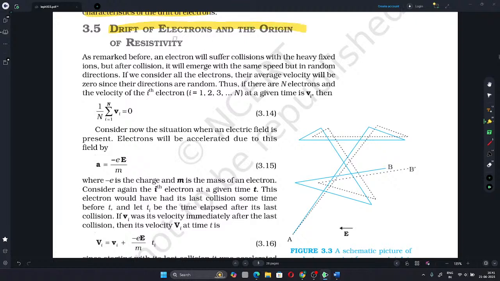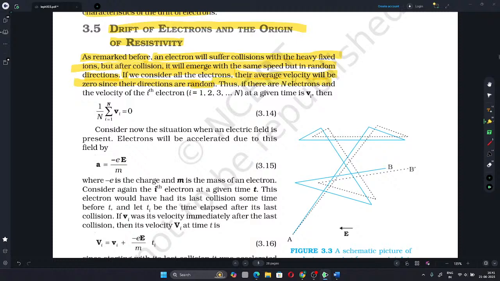Drift of electrons and the origin of resistivity. As remarked before, an electron will suffer collisions with heavy fixed ions, but after collision it will emerge with the same speed but in random directions. If we consider all the electrons, their average velocity will be 0 since their directions are random.